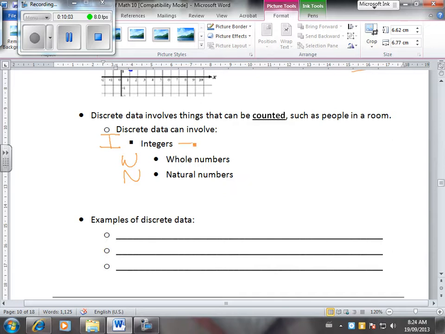So something like -2, -1, 0, 1, 2, 3, etc. And you can go this way also, right? But do you see that they are exactly on a data point? Whole numbers and natural numbers, remember these are very similar, except whole numbers have a 0, and natural numbers just start at 1. And remember that natural numbers would be found in nature.